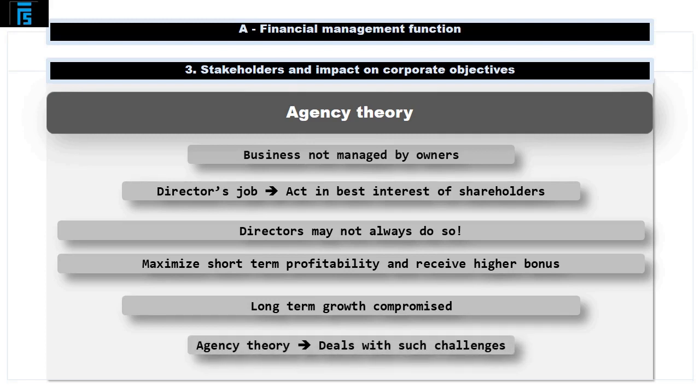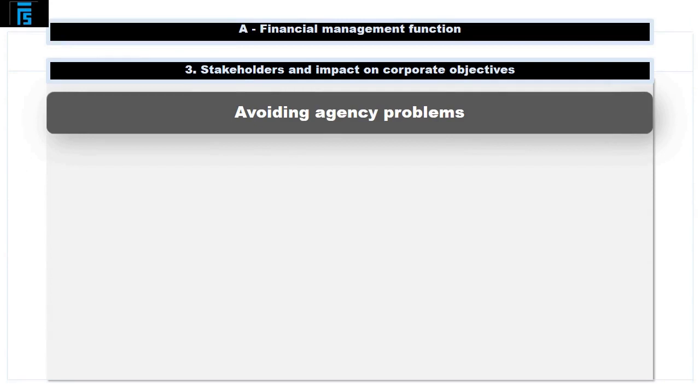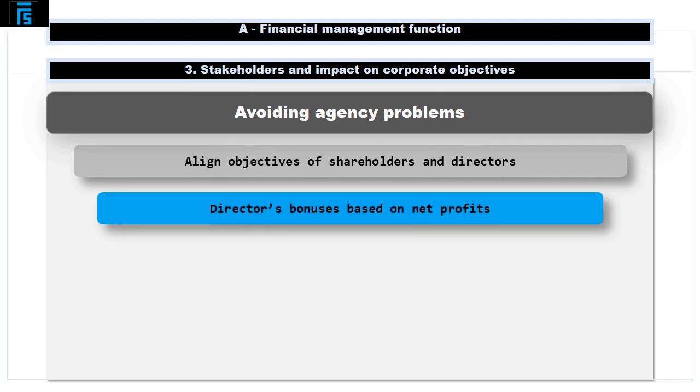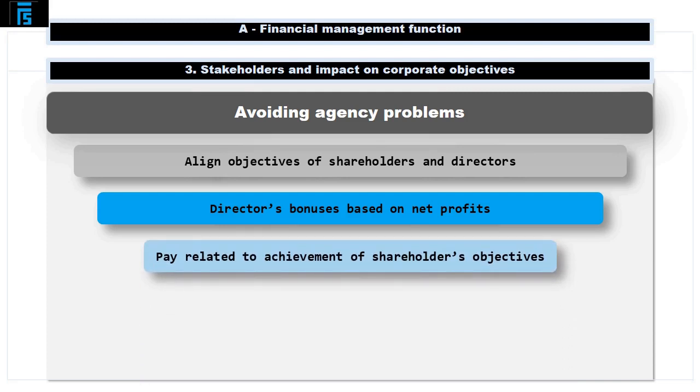Agency theory deals with problems arising due to the competing objectives between the principal and the agent, i.e. between the shareholders, who are the principal, and the agents, who are the directors. To avoid agency problems, the objectives of the shareholders and the directors should be aligned. This can be done by basing the directors' bonuses on the organization's net profits and relating the directors' pay to their achievement of the shareholders' objectives.